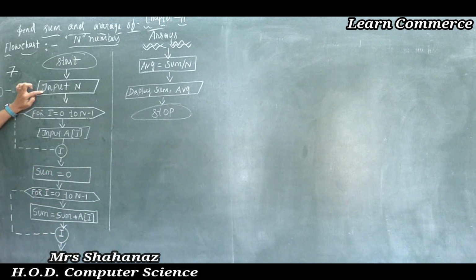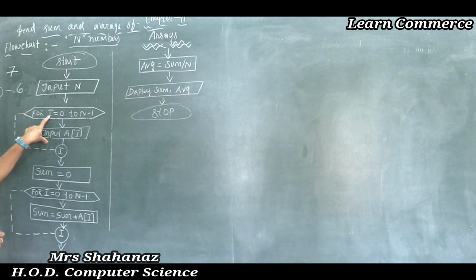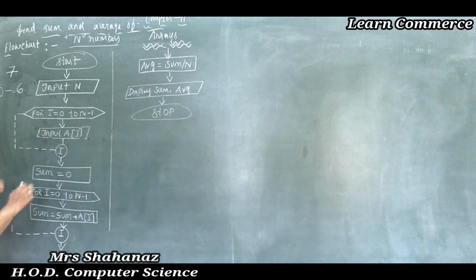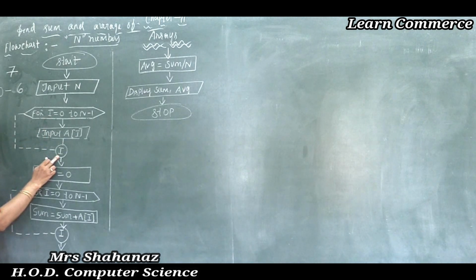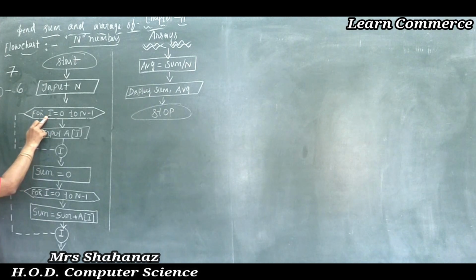First of all the number of elements here, then I am using the flow chart symbol to access the elements one after another, because we are not accessing just one element, we are going to access the elements one after another.